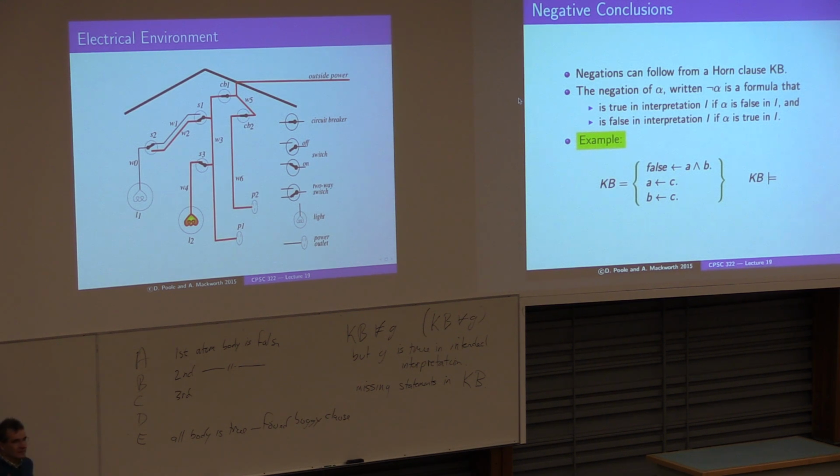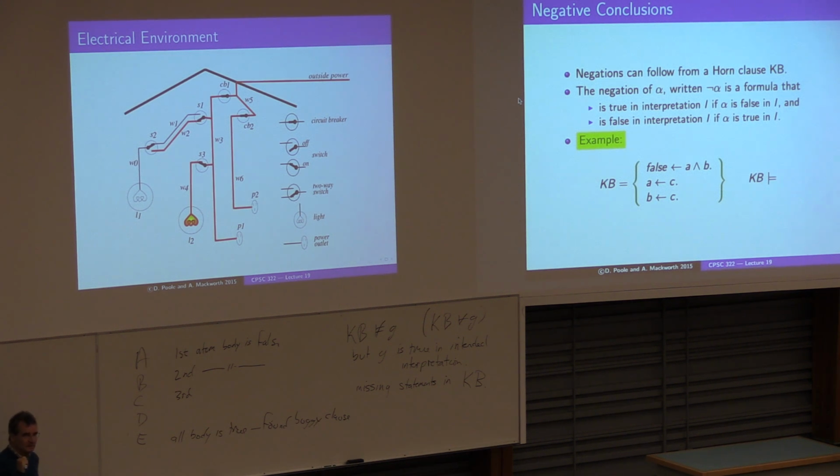What happens if I assume C? A and B have to be true. Right, and then what happens? The constraint would be true, false. So you can prove false effectively.